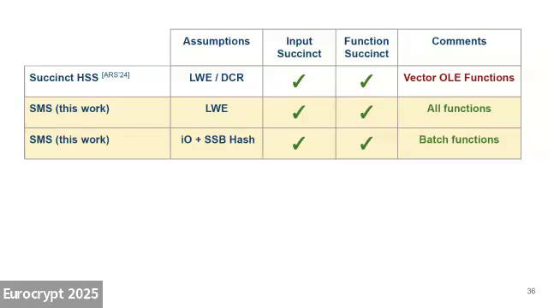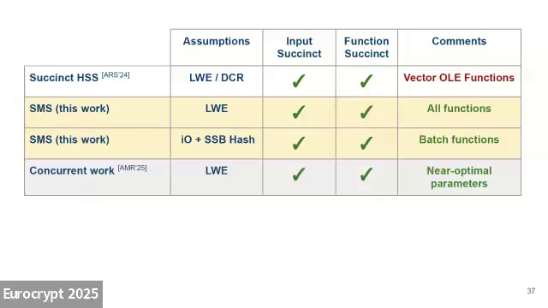We also show that from indistinguishability obfuscation and SSB hashing, we can get SMS for batch functions. And there's a concurrent work at Stock this year that focuses on the trapdoor hash function case, and achieves near optimal parameters, improving the parameters in our work a little bit.